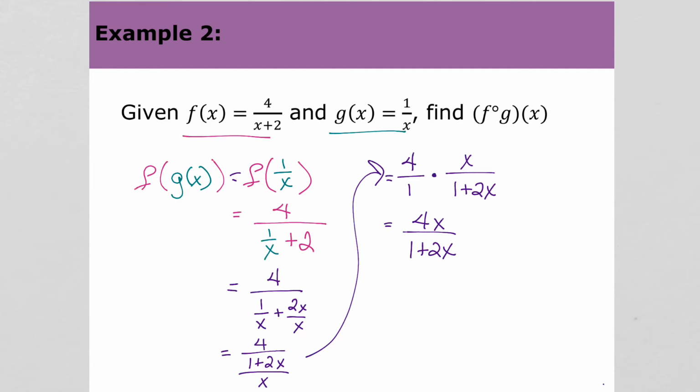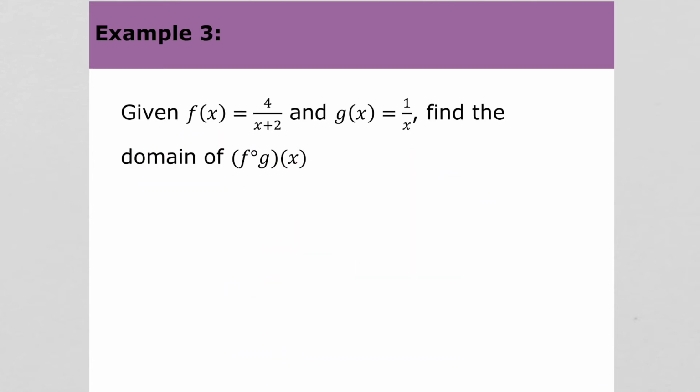For example 2, we're going to take that function that we've just found, f of g of x, and we want to find the domain. Okay, so remember what I said. We need to look at f of g of x, and we need to look at g of x.